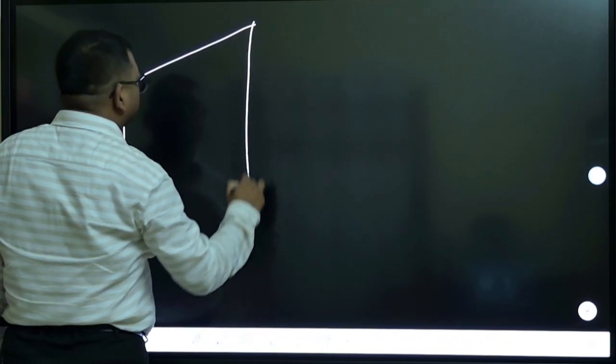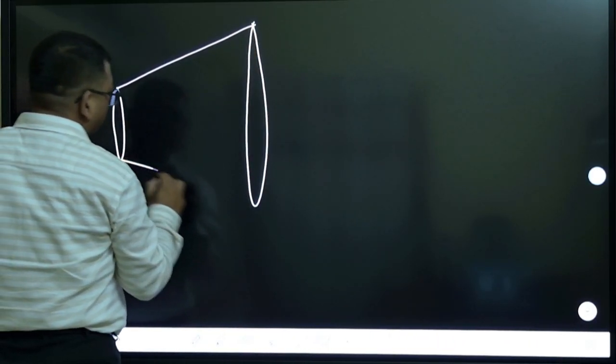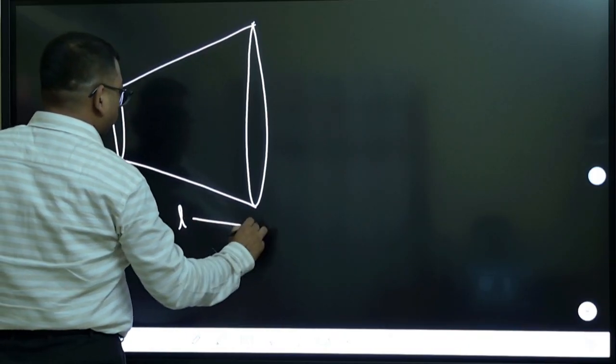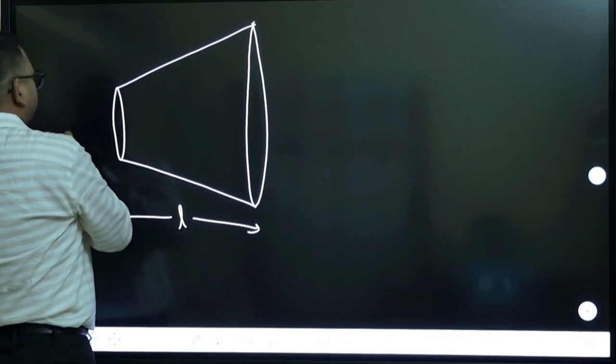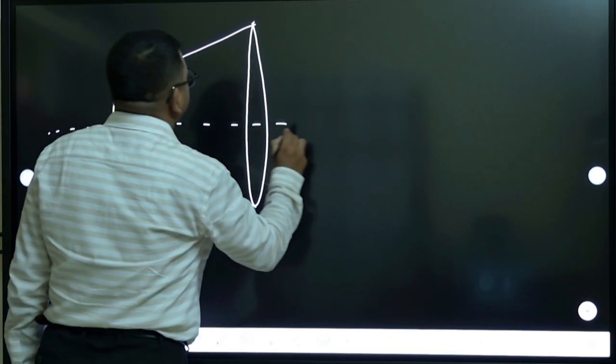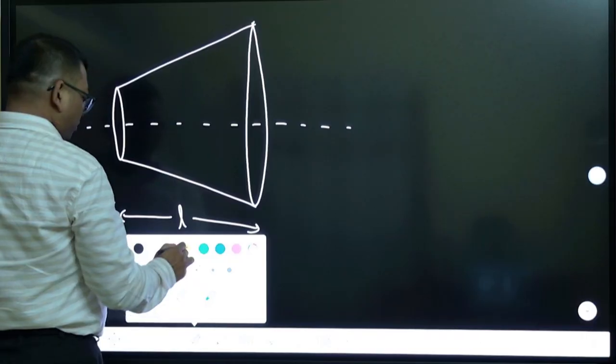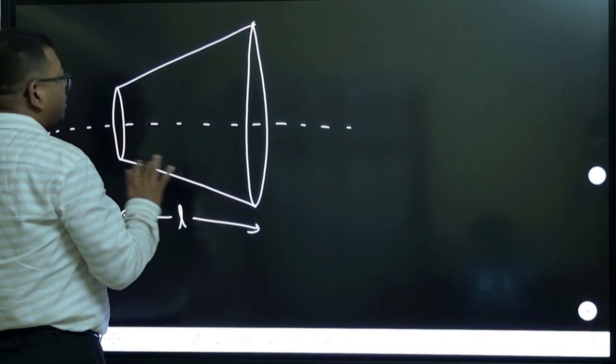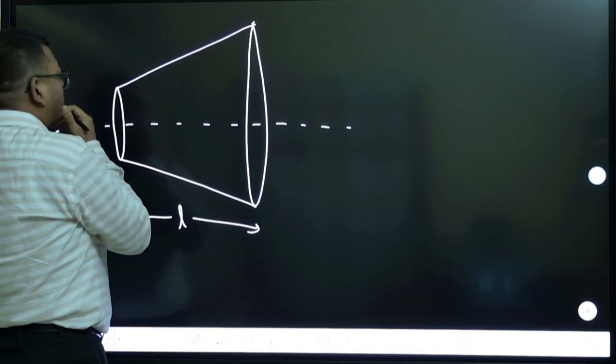Suppose there is a wire like this, length is L, this is the axis of the wire, and we want to find its resistance. Same material, resistivity is rho.